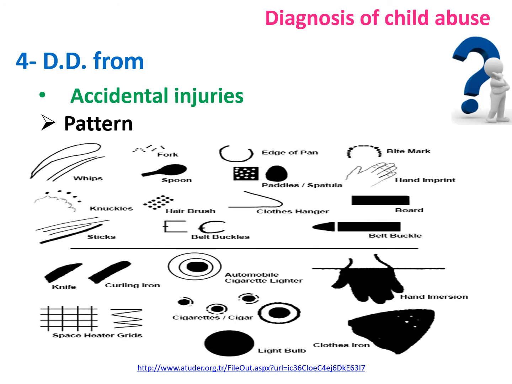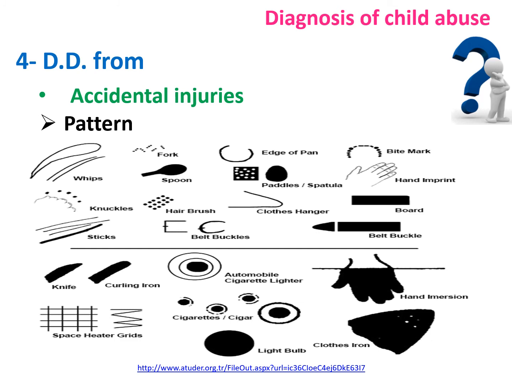Also, in case of burn, as we said before, the hot iron can imprint its shape on the skin of the child in the form of a triangle, which is the front part of the iron. Sometimes the mother will heat a spoon or fork and put it on the skin of the child, and the burn will reproduce this pattern.